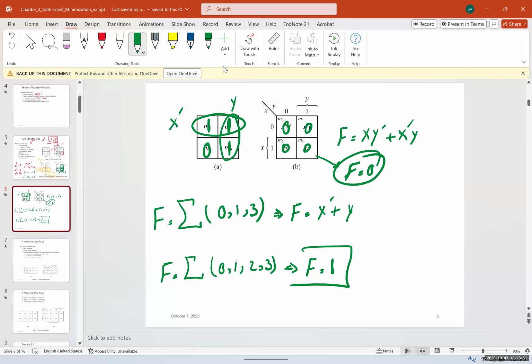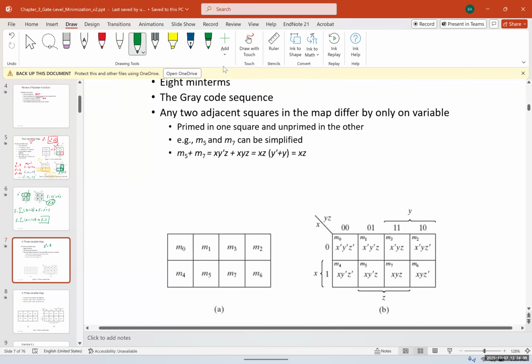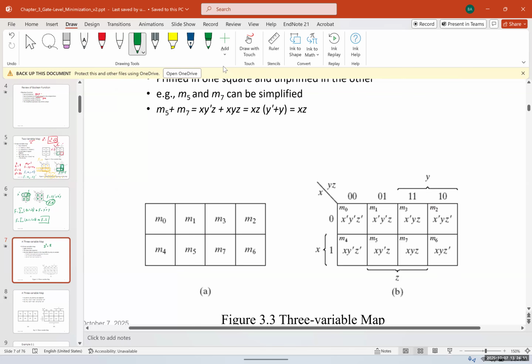So 2 variable is very simple. It's 3 variable that it gets a little tricky. Now, if we have a 3 variable K-map, then we would have 2 to the power of 3, 8 squares. And the way that we number these 8 squares, we do it in the gray code sequence.